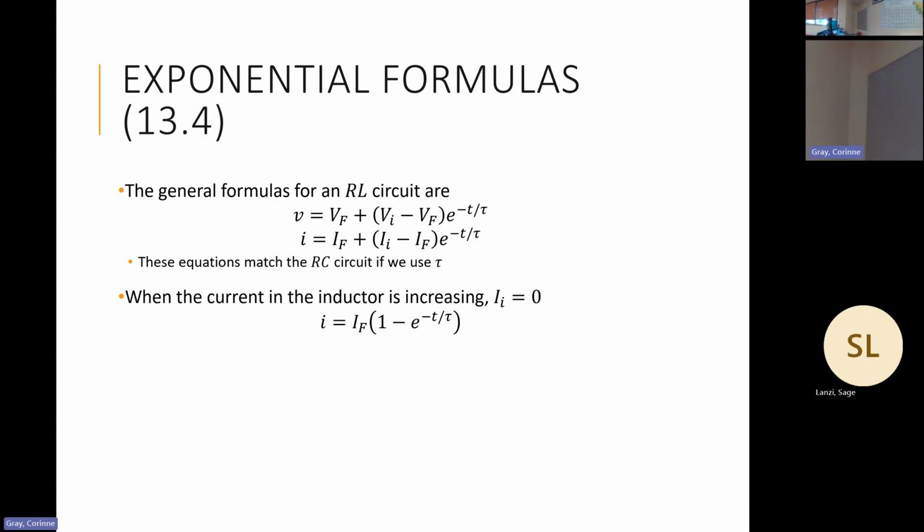We can rewrite this as 1 minus e to the negative t divided by tau times the final value. Again, this final value we're going to solve using Ohm's law, where the inductor is acting as an ideal wire.